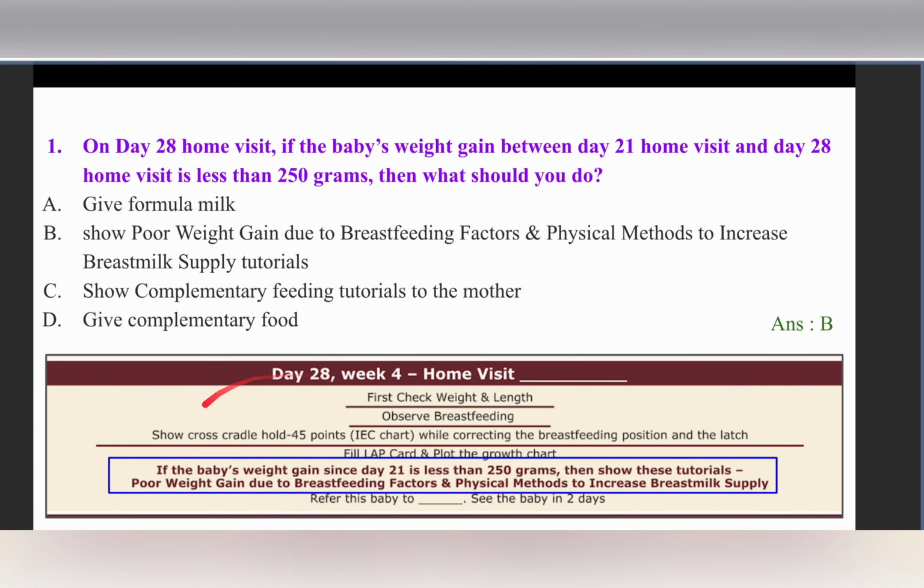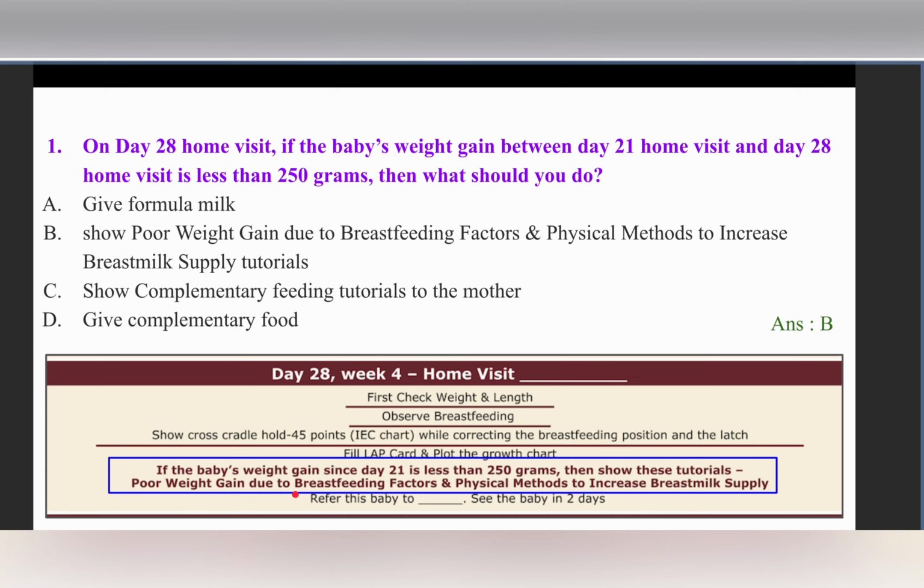Next, show cross cradle hold 45 points. We have just discussed the 45 points and how that can be used to correct the breastfeeding position and the latch, right? And also fill the LAP card and plot the growth chart. As we can see, if the baby's weight gain since day 21 is less than 250 grams, then it is poor weight gain due to breastfeeding factors and physical methods.